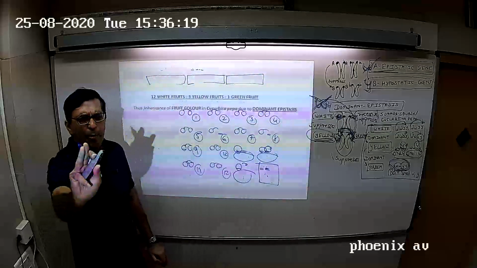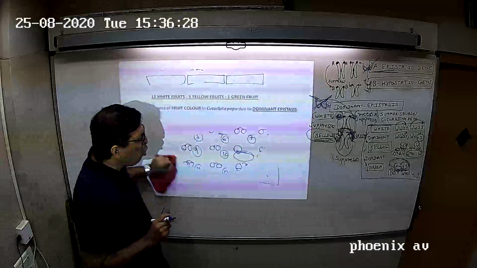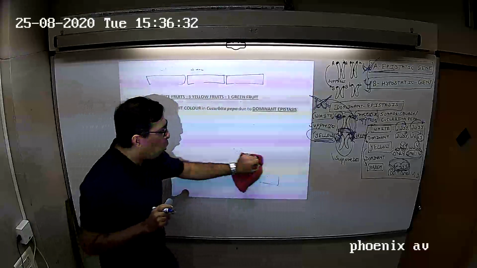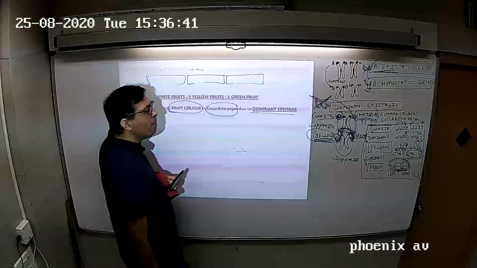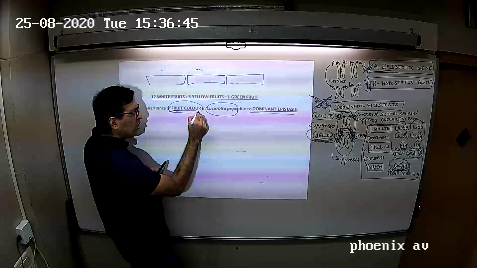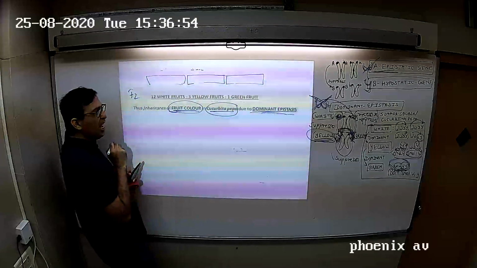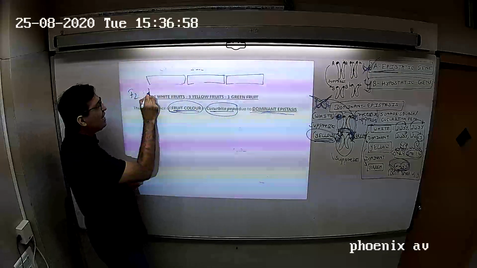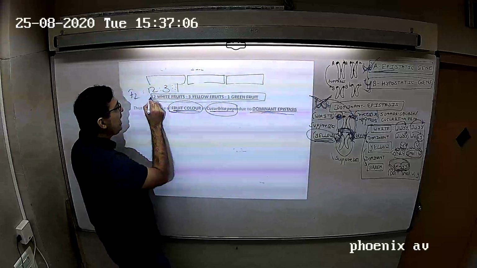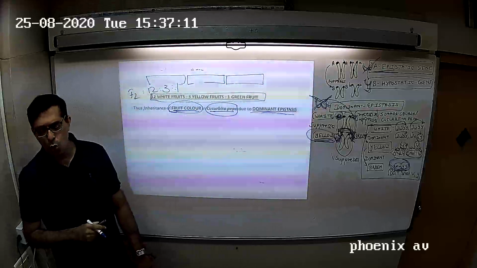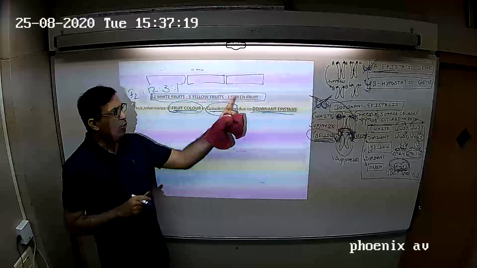The rest we have understood; you have to remember only this and underline it: inheritance of fruit color in Cucurbita pepo is due to dominant epistasis, where the F2 generation phenotypic ratio is 12:3:1, where you have 12 white fruits, 3 yellow fruits, and 1 green fruit.